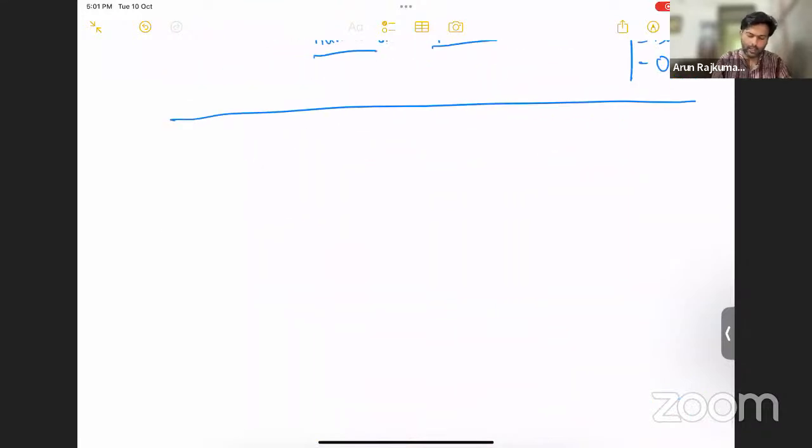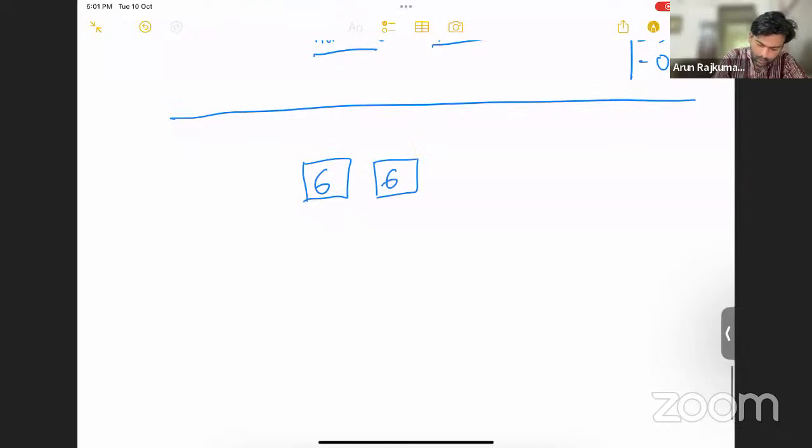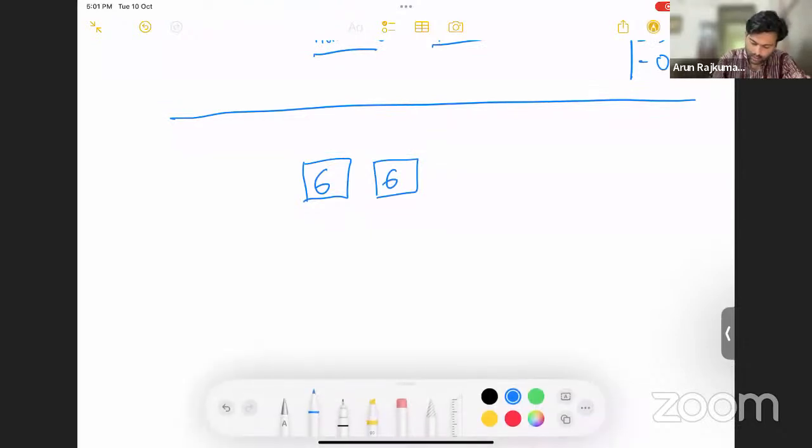Let's say this is the data that you have. I'm going to hook up this data in a specific way. Let's say I have 4 images.